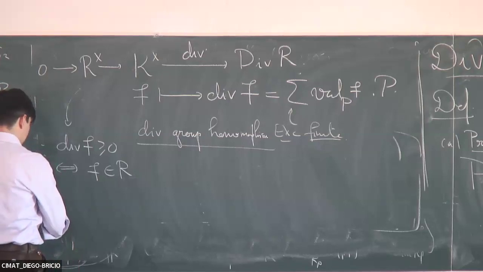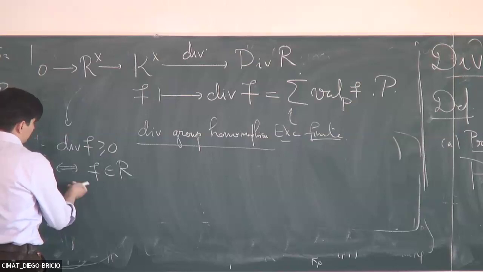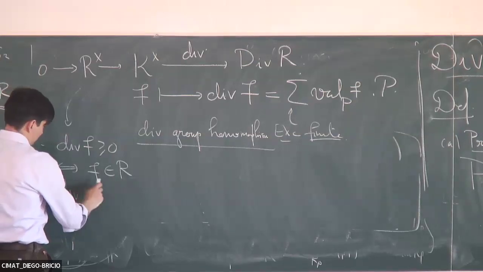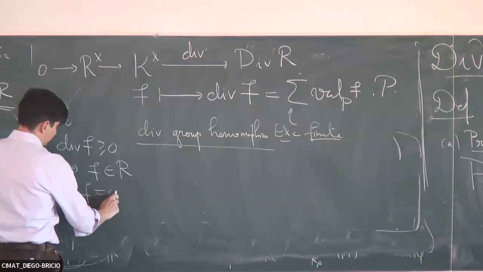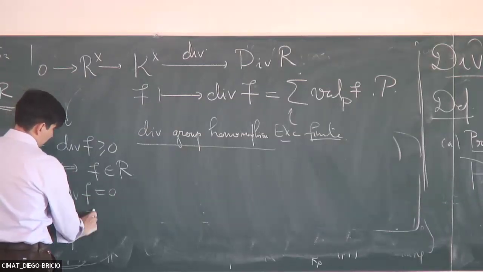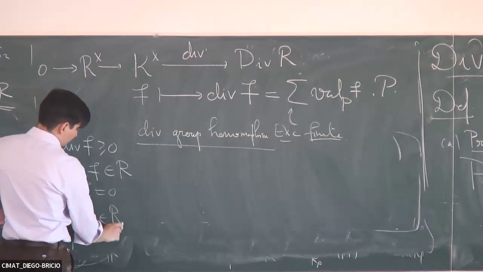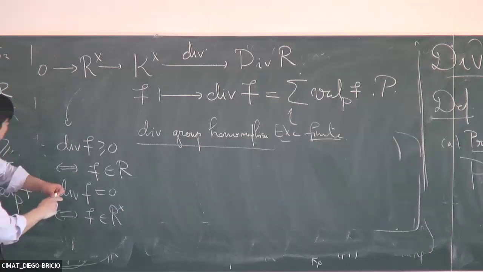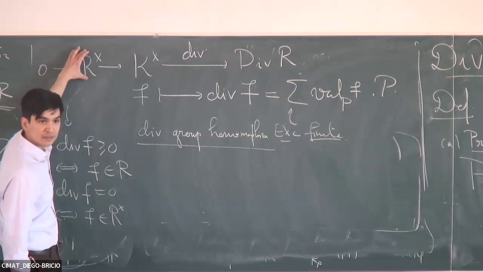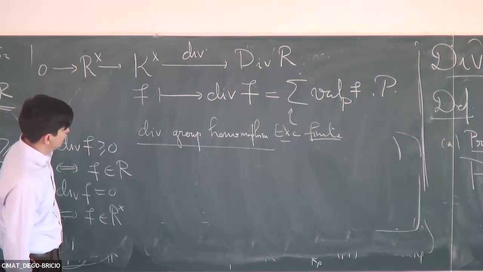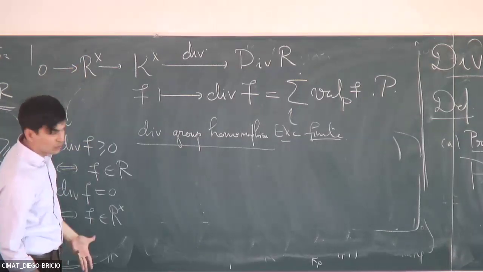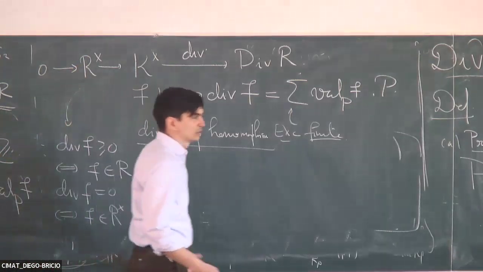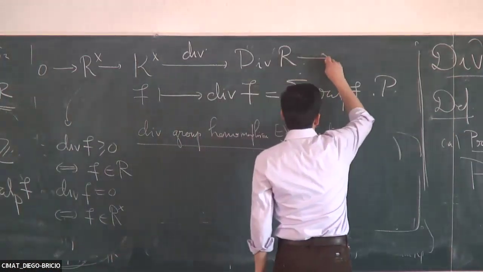And the divisor of F is 0 if and only if F is a unit, it vanishes nowhere. It belongs to no maximal ideal. Okay? So the kernel of div is the group of units of the ring.